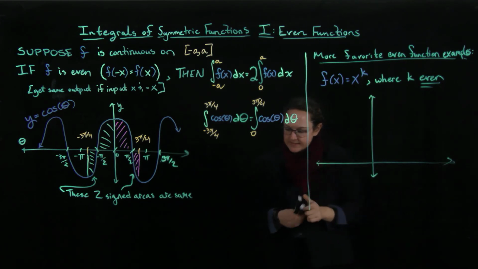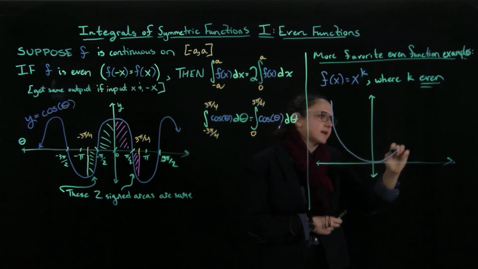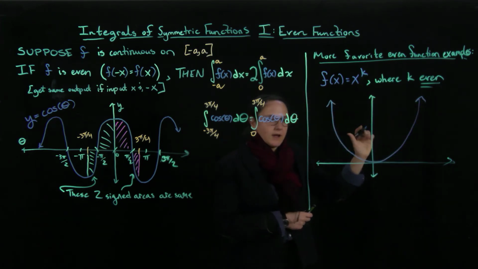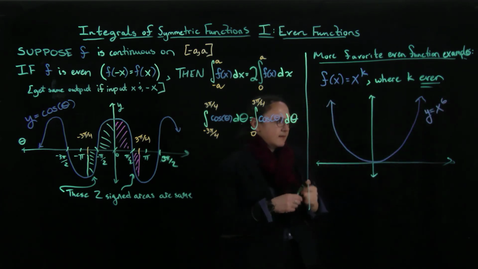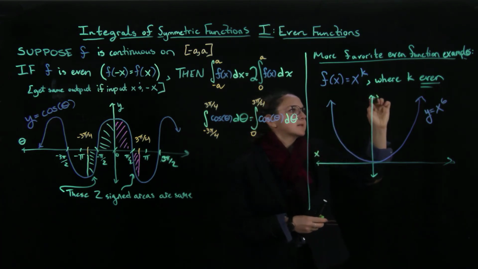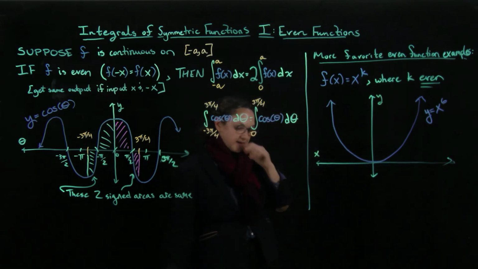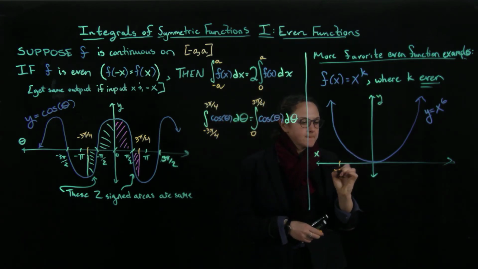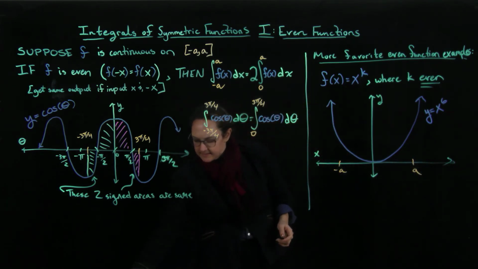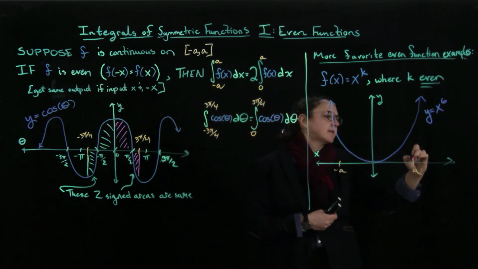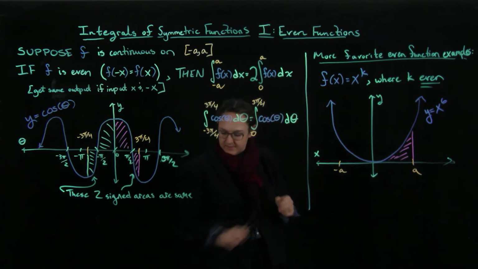You might look at this and say, oh, this looks like y equals x squared. It also looks like y equals x to the 6th. Here I'm labeling these x and y. If I went from minus a to a here and looked at these areas, we would again get the same area, because I'm symmetric across the y-axis.